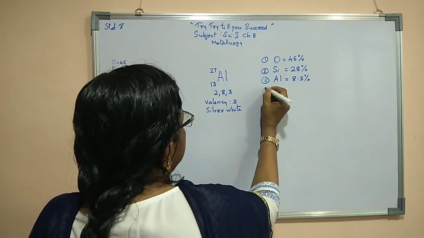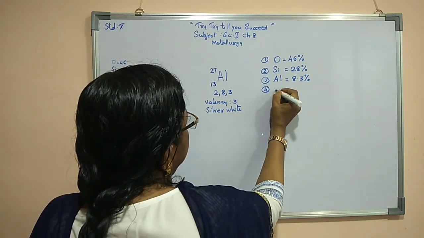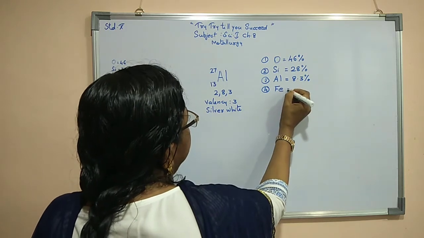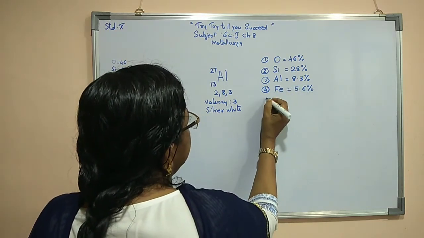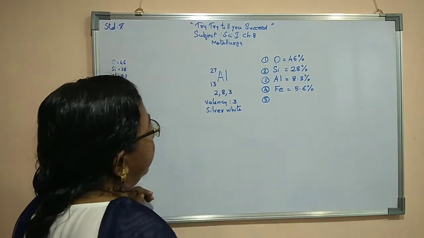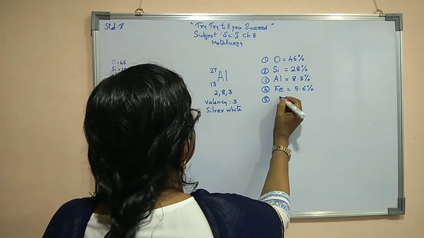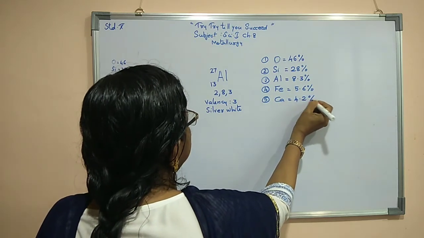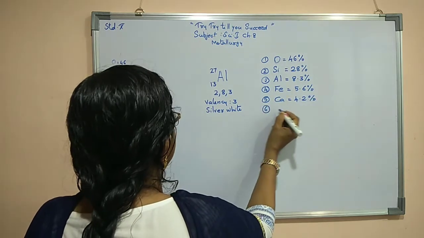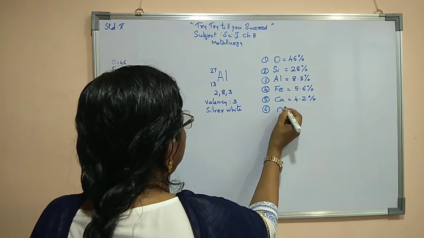The fourth most abundant element, that is iron, Fe, iron. It is available 5.6% in the Earth's crust. Now the fifth element, that is calcium, that is available 4.2%. Then the sixth element, that is sodium.